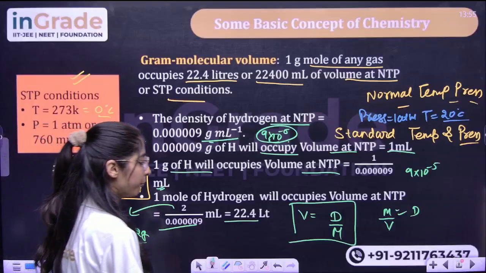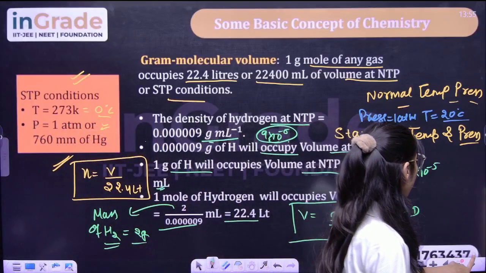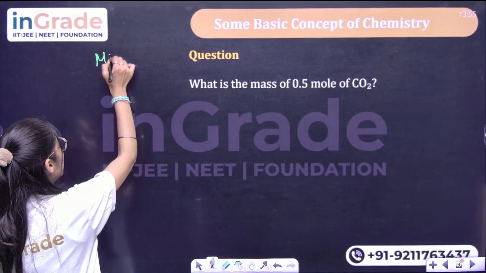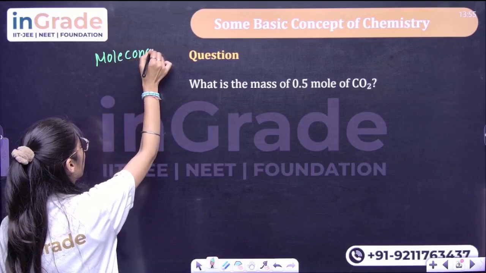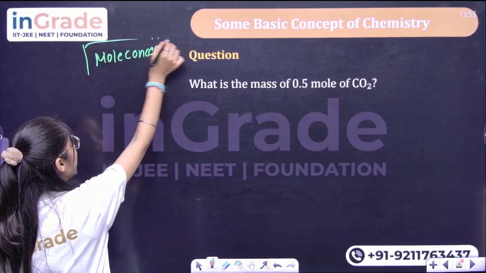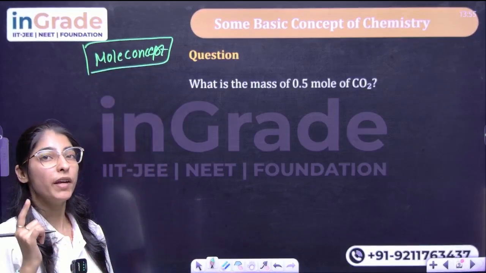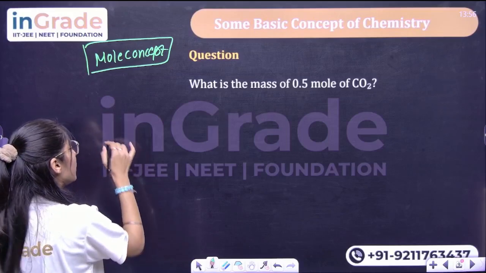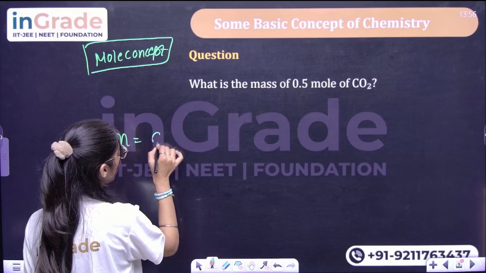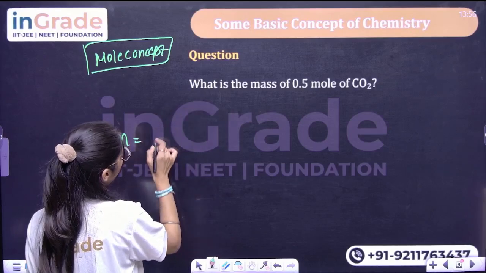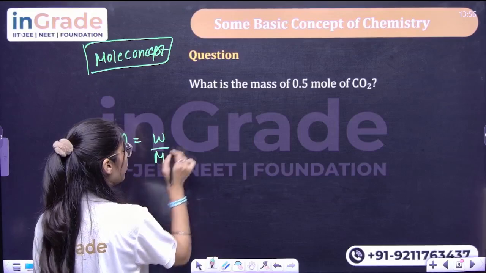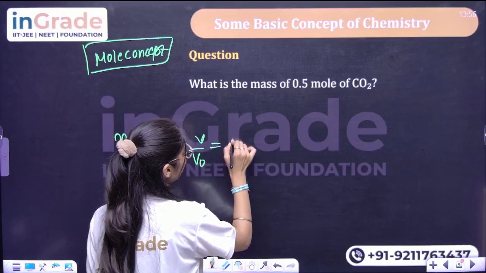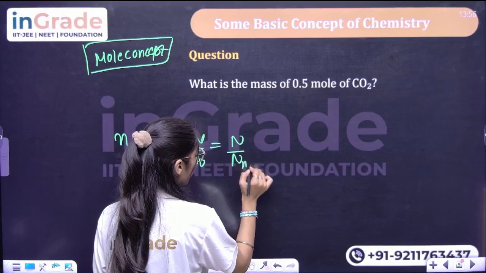Hope you got it. Now let's move further and see some questions based on the mole concept. I am again repeating the formula that is very important to remember for question practice: n is equal to given mass W divided by molar mass, which is equal to V upon V naught, which is equal to N by N naught.